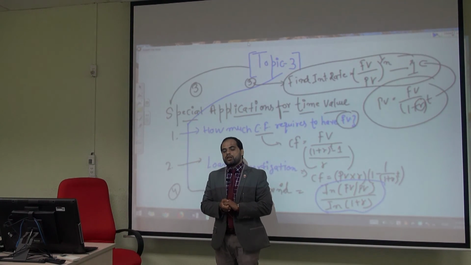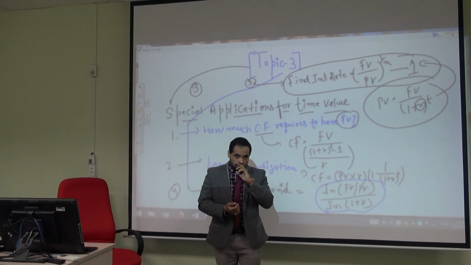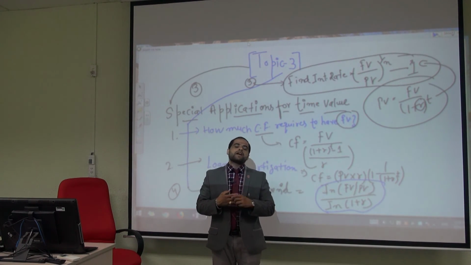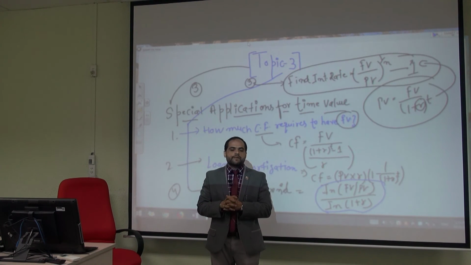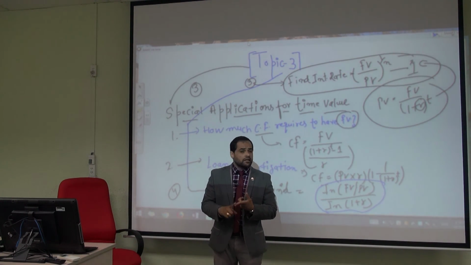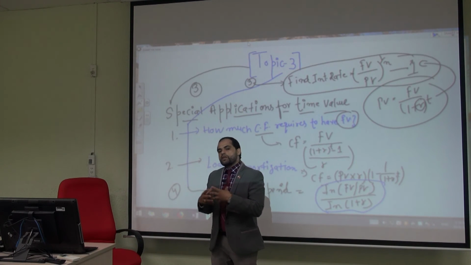What we learned in topic 3 are 3 learning outcomes. The first one is present value and future value. In present value and future value, we learned about 4 different types of cash flows: single amount cash flows, for present value and future value. The second one is the annuity. Annuity means equal periodic payments.